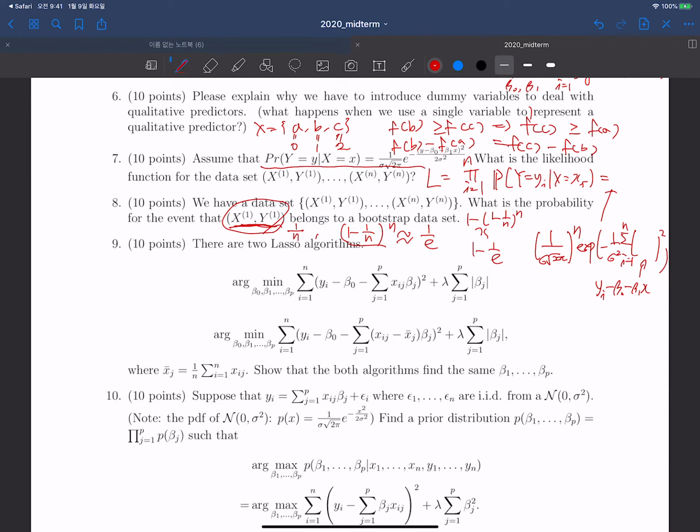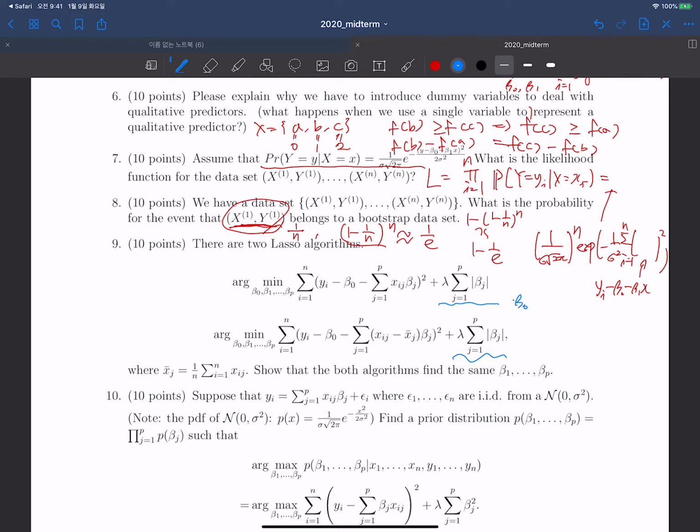Okay. Next question. There are two lasso algorithms where x bar is equal to this. Then show that both algorithms find the same beta 1 up to beta p. Here the important point is that the additional cost function which defines the lasso algorithm does not depend on beta 0.